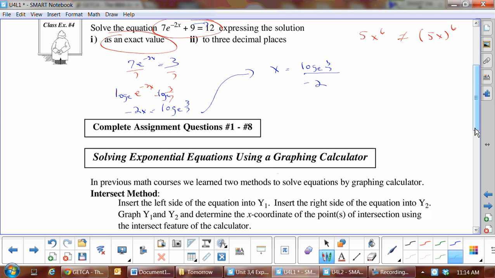And most likely, you will see this as negative 1/2 log e to the 3 over 7. Who can tell me probably the most probable way they would have the answer in the diploma?